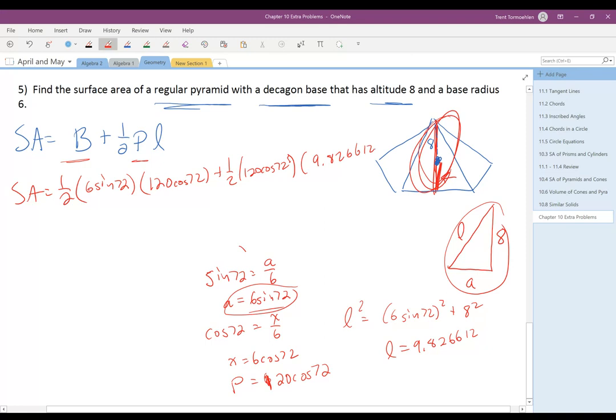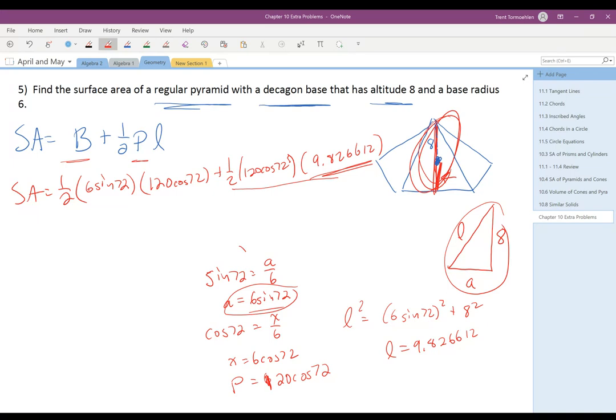And so now all we need to do is put all this into our calculator. So we're going to do 1/2 times 6 is 3 times 120 is 360. So 360 times sine 72 times cosine 72. And then we're going to add this to it, which is going to be 60 times, and I'm just going to use my second answer button to find this because I still have that in the line above, and then times the cosine of 72.